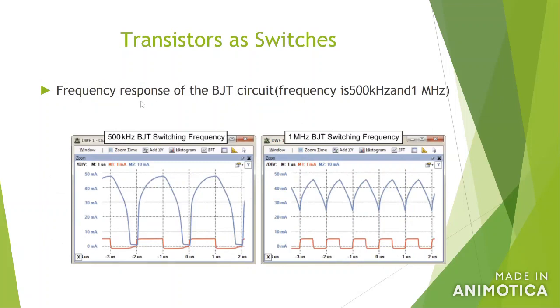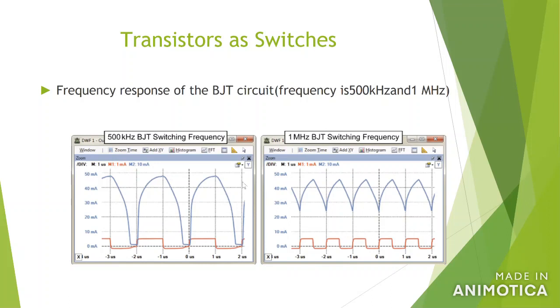And this is the frequency response. Frequency response means the input signal is a square wave. This 500 kilohertz, 1 megahertz talks about the frequency of this square wave. So the frequency of the square wave is 500 kilohertz, 1 megahertz. You can see this blue line is the output signal of the transistor.